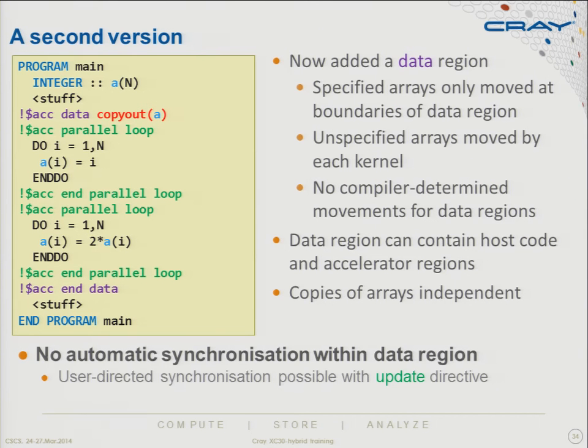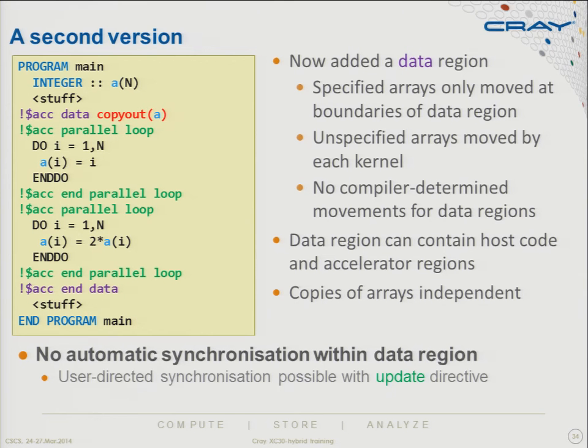So what would I do for this simple example? Well, what I want to do is only move data at the start and end of this program. The data will be initialized on the GPU. It will be modified on the GPU. So overall, from the point of view of the data region that spans these kernels, array A that I modified will only move on the boundaries of the data region.